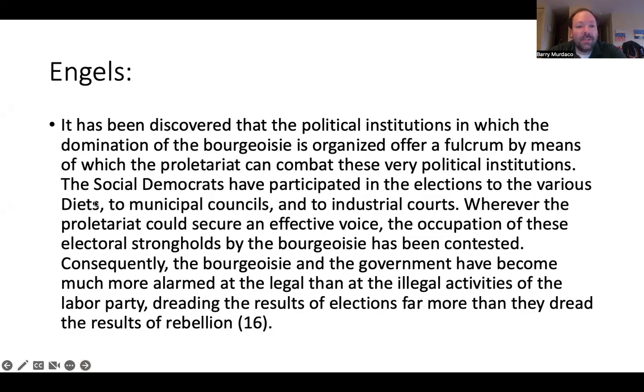Engels writes, it has been discovered that the political institutions in which the domination of the bourgeoisie is organized offer a fulcrum by means of which the proletariat can combat these very political institutions. In other words, what they're setting up here is this idea that socialist parties have, in many other countries, not so much in the United States, been able to play a significant role in mainstream politics.